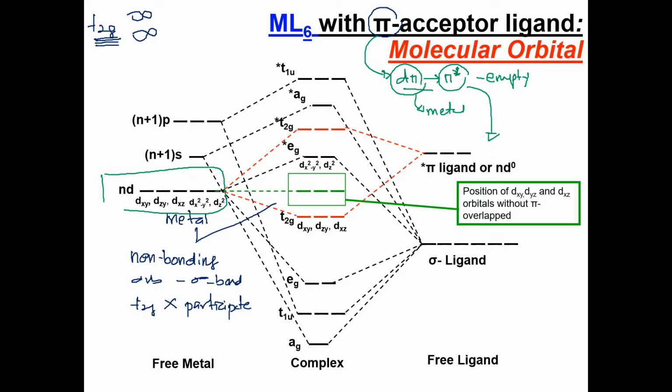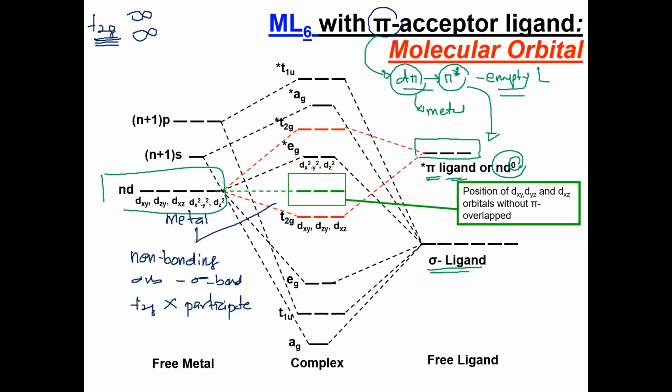So that's why you won't see any electrons here. It is a pi star ligand, or we term it as nd0 because it is an empty pi star of the ligand. The pi star and the sigma ligand will have a difference in energy.